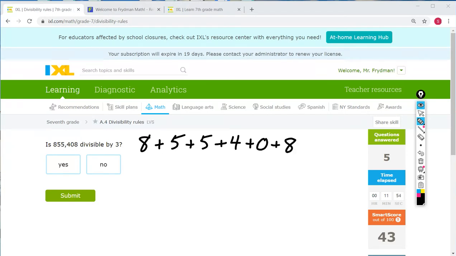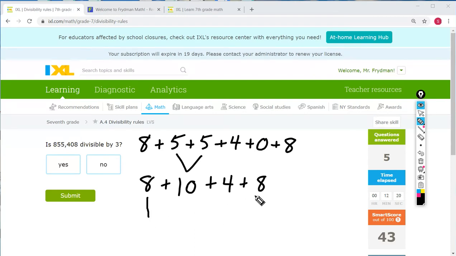And let's see if we can add this in a way that is a little bit more convenient. Let's add 5 and 5 together first. That makes 10. So now we have 8 plus 10 plus 4 plus, we don't even need the 0, right? Because adding 0 to anything doesn't change it. So let's just add 8. Is there any other thing that's convenient?